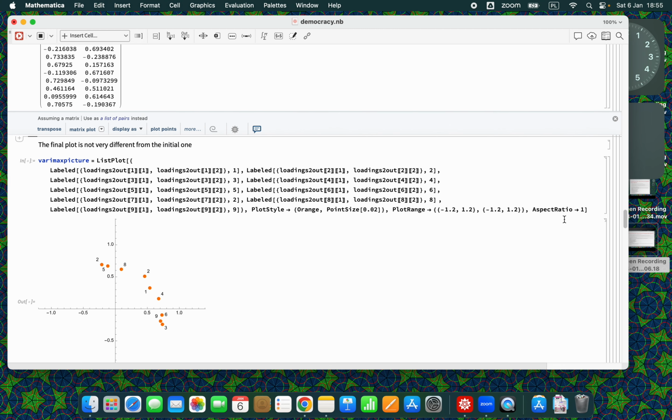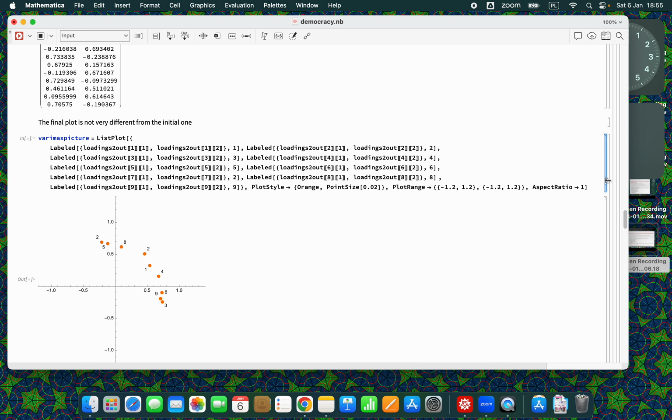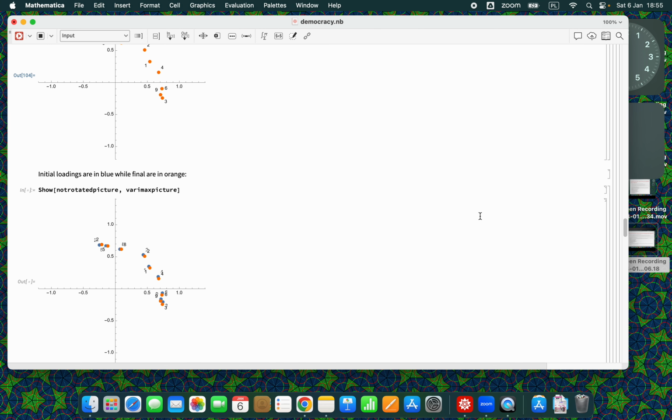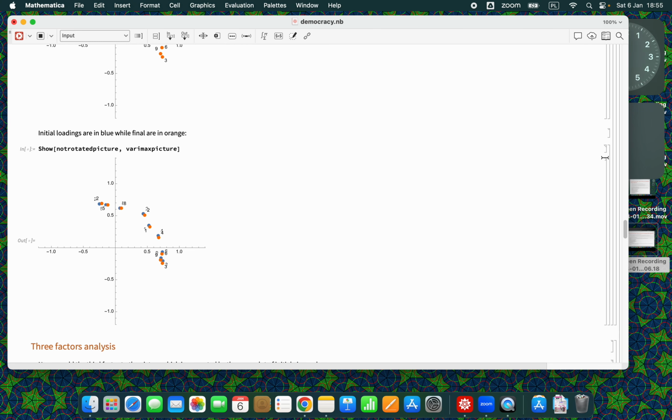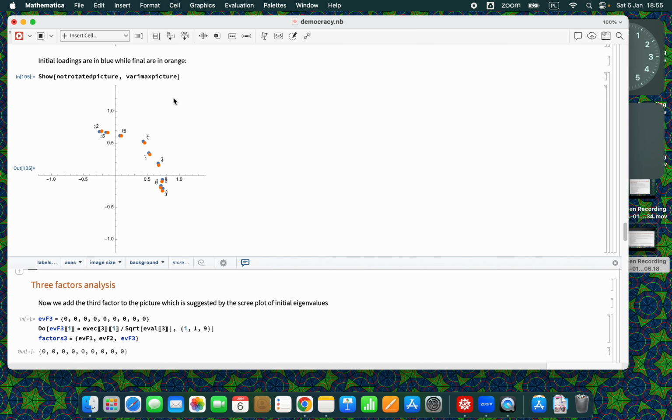And now we can also look at the plot. This is the final plot, and here there is a comparison of loadings before rotation, the blue one, and loadings after rotation, the orange one. And you see that the difference is really very, very small. So almost nothing happened after factor analysis here.